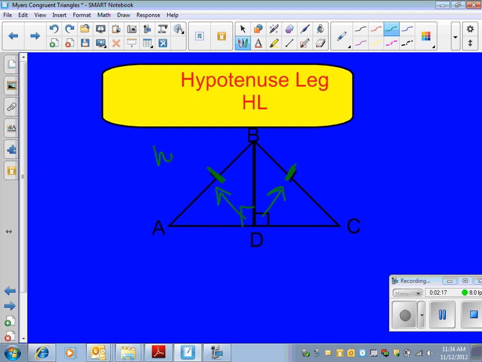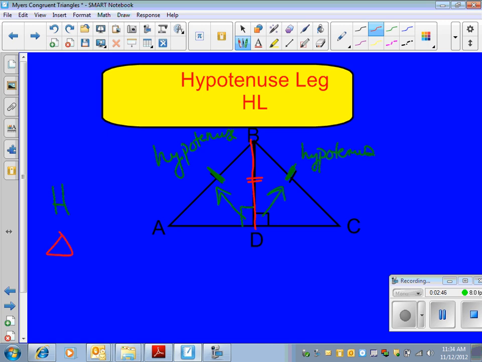That states that the hypotenuse here is congruent to the hypotenuse here. But that's just the hypotenuse. I still need a leg. You see a leg here? Oh my goodness, here's the leg. Leg BD is shared between the two. So these triangles are congruent because of HL, hypotenuse leg.